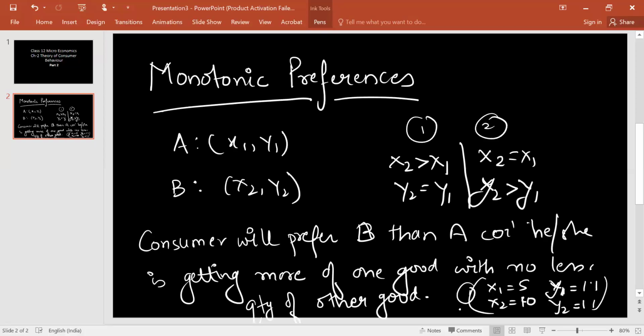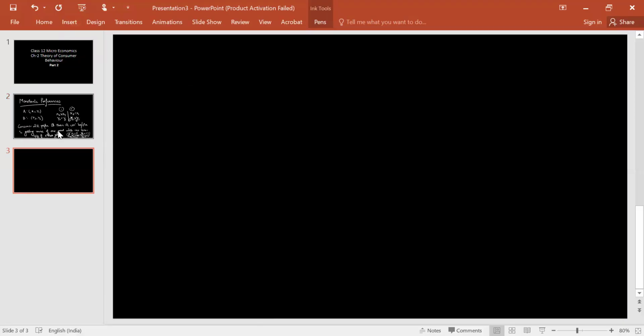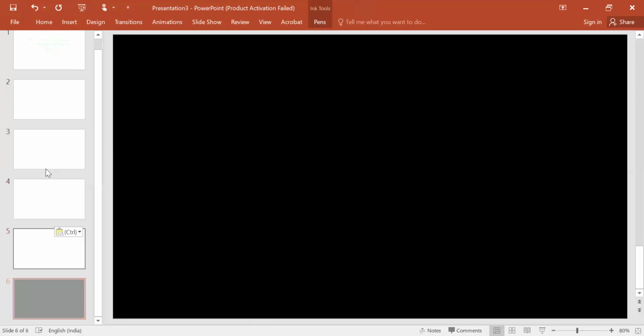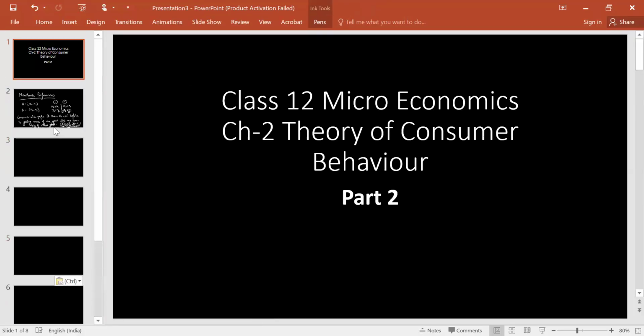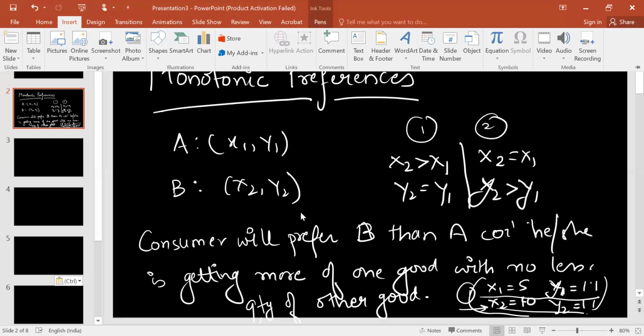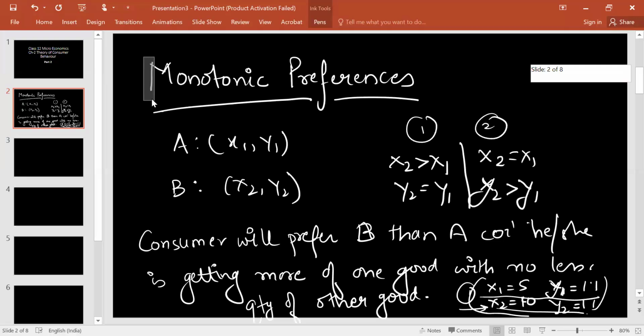In this case, this consumption bundle will be preferred over the above consumption bundle, correct? These kinds of preferences are known as monotonic preferences.